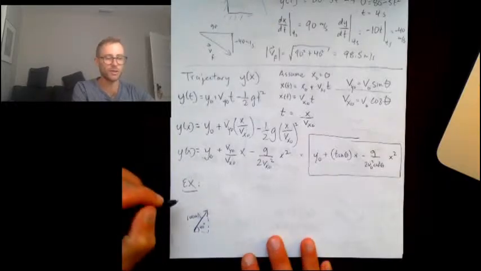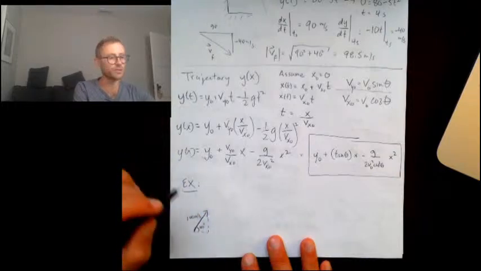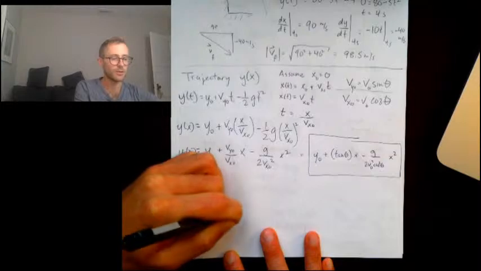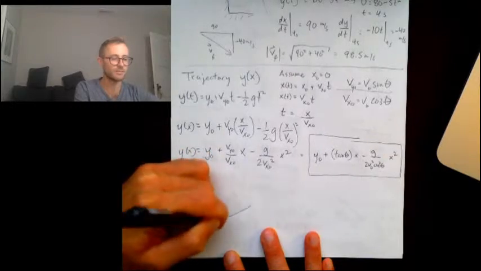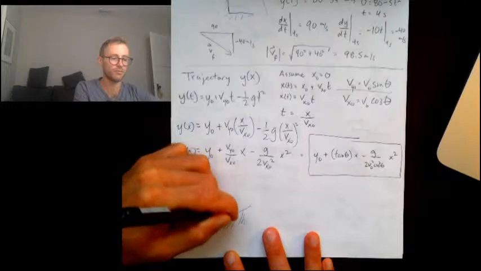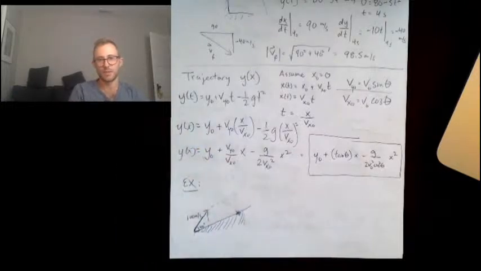But here's the thing. It's not traveling across a level surface. Let's say that this projectile is actually launched onto a hill. So this is a hill. So the projectile is going to go, and it's going to land right there on the hill. So we want to figure out, where is it going to land?